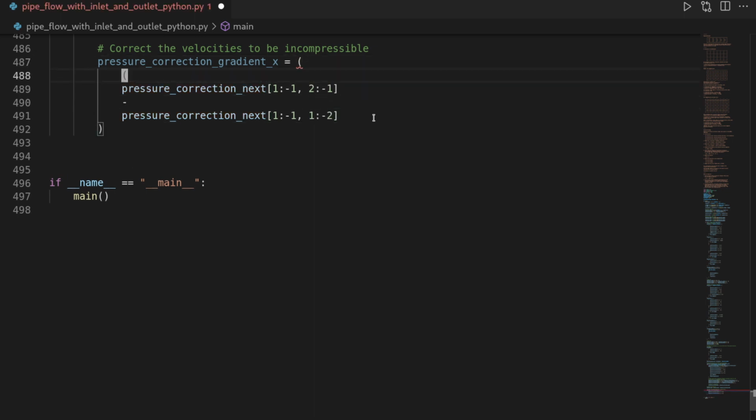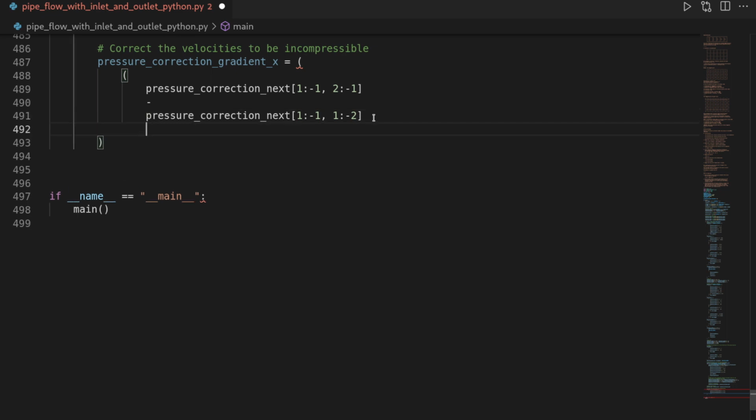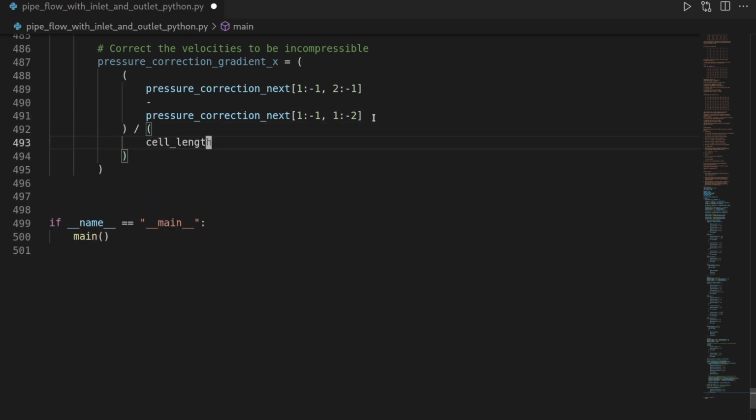And I see that is not how I usually do that. So let me fix that. And then we can divide by the cell length. And again, we only need 1 times cell length, because this is just how our staggered grid is laid out.